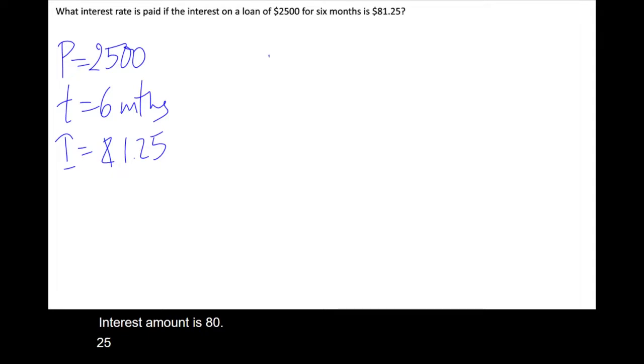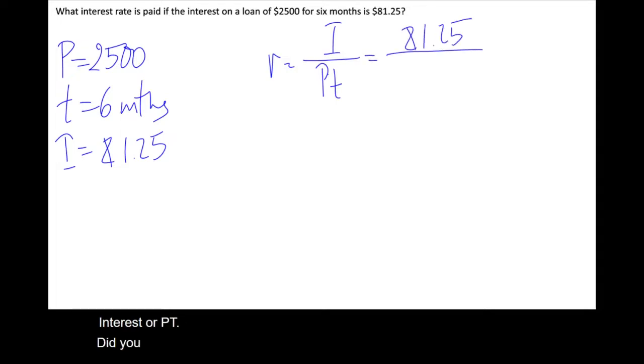So interest rate is interest over PT: 81.25 over 2,500 times, and here I convert 6 months to years.